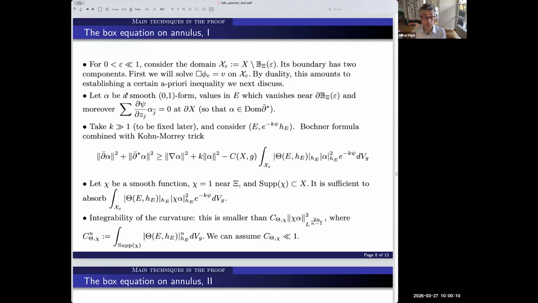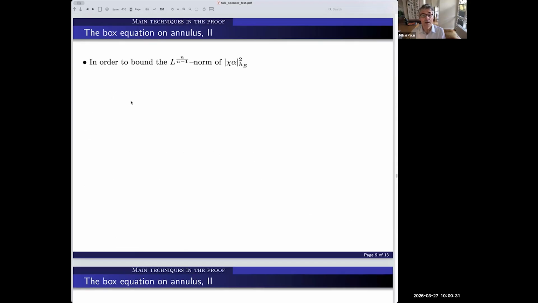So the question is now, even if we can assume that this term is small, because by shrinking the support of chi, this integral can be made as small as we need, still we have this chi times alpha in a norm which is strictly bigger than 2. And so the trick now is what to do to bound this quantity here.